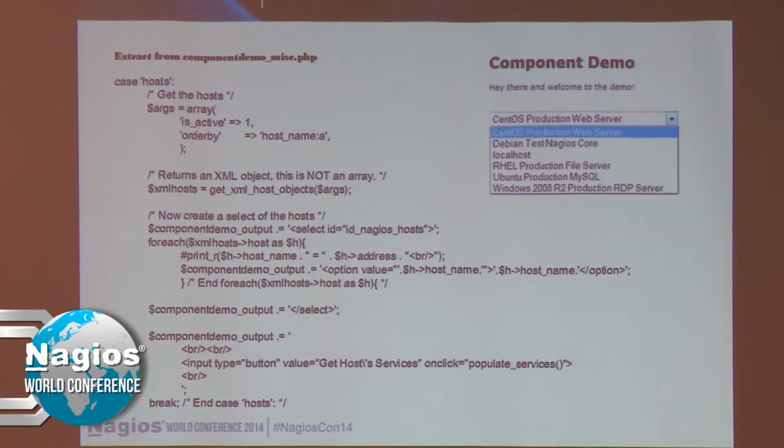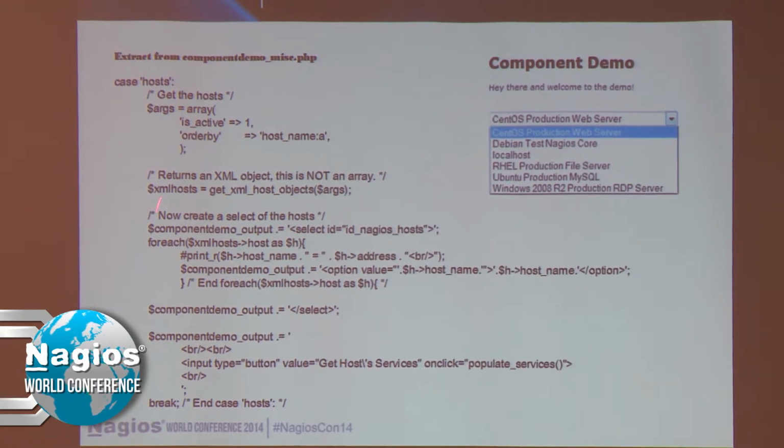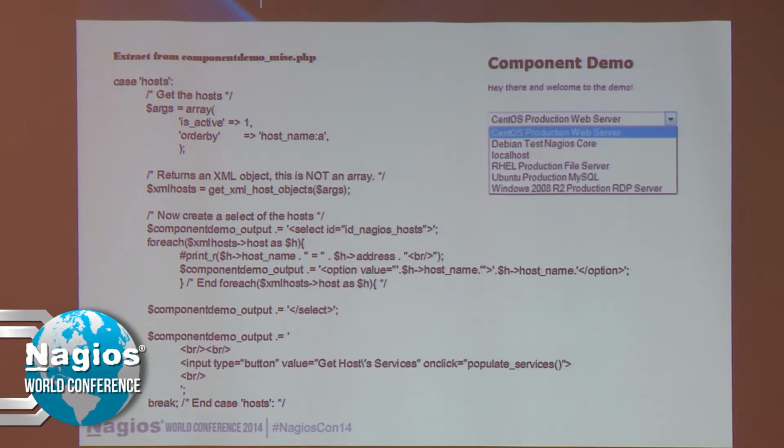And I won't try and explain it here because the code gets more complicated and not helpful, but the name of the select starts here. These dot equals here are appending to this output. This variable started up here somewhere, and now we're adding to it, because if we just put equals, it overwrites it. So the dot equal appends to it.